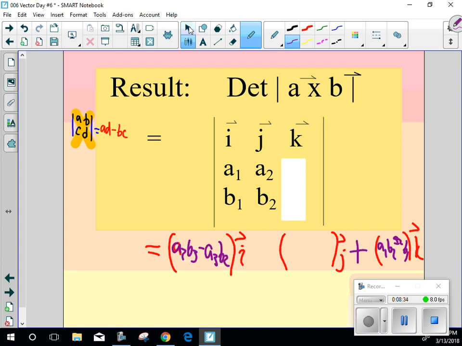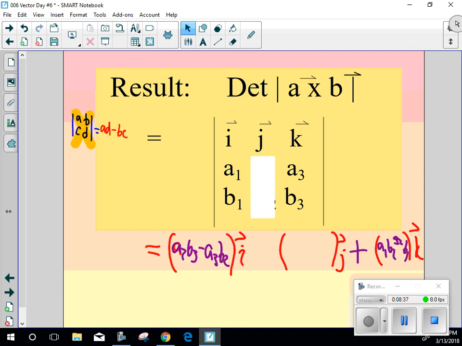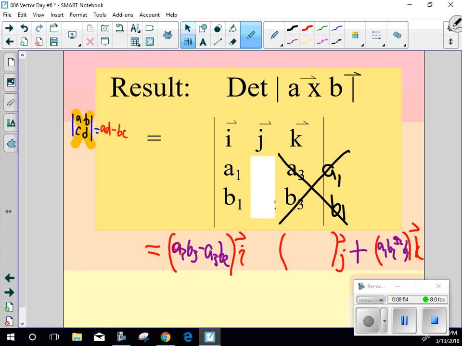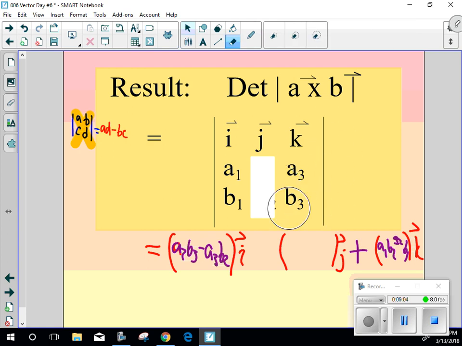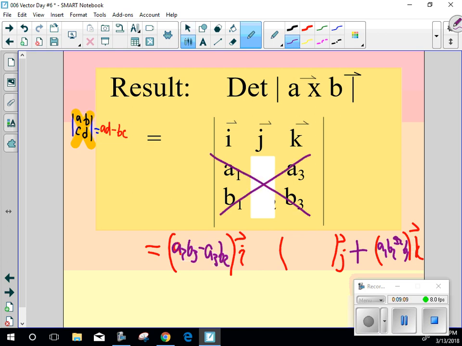Now, here's the exception to the rule. It's the one in the middle. Wouldn't it be great if we could do an X for this? But these aren't together, are they? What really is happening is this A1 is here, the B1 is here, and we're going this minus that. Okay, that's what's really happening. But what we're going to do is we're lazy, efficient, and we're going to make this X here.